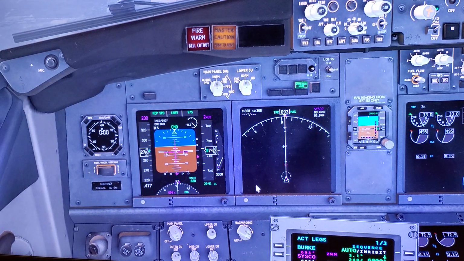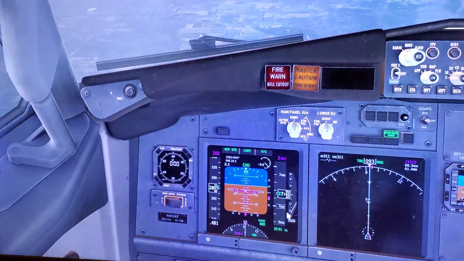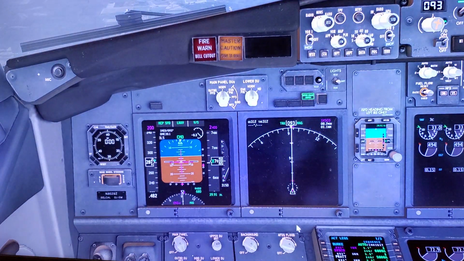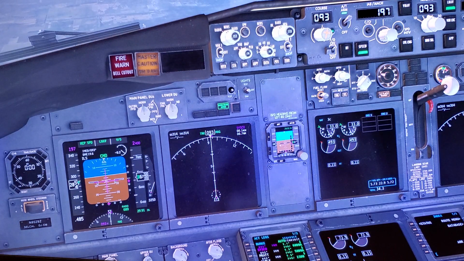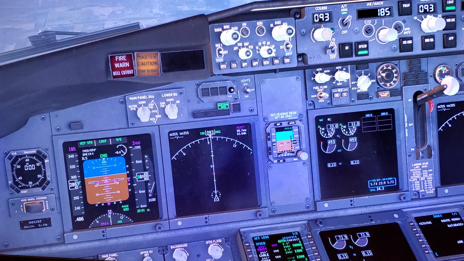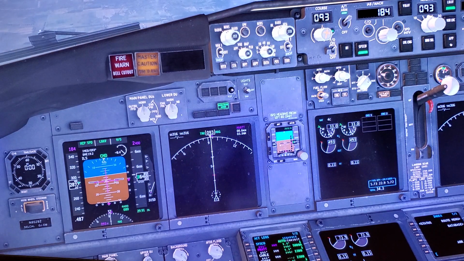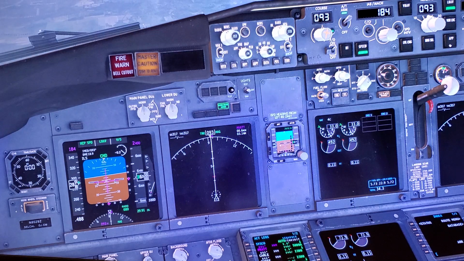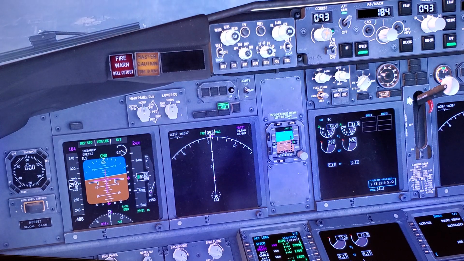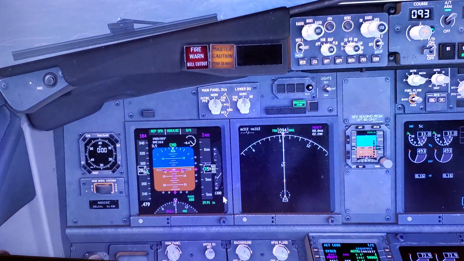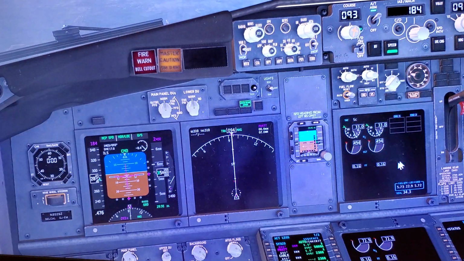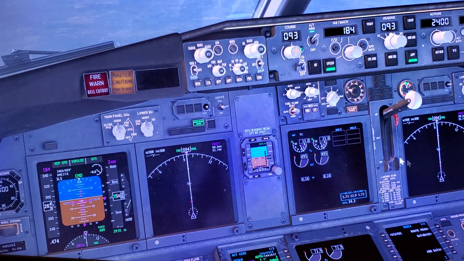I am going to catch it. Now I'm going to put on glide slope and I activate the approach. The only problem now is my high speed.